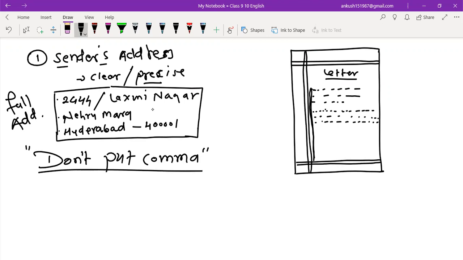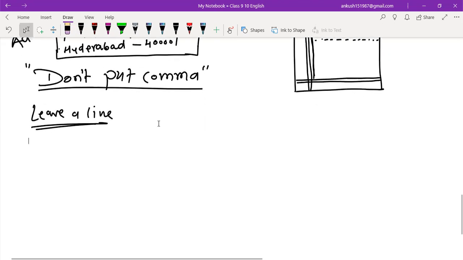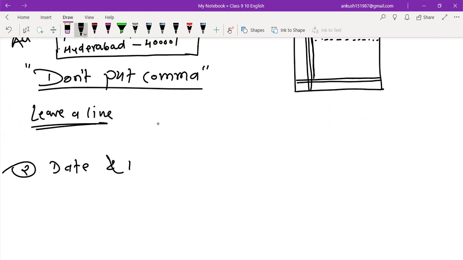After you have written the address, let me finish. Now leave one line over here. Then you have to write the date. Okay, and after that you should write the date. The second thing that you have to mention here is the date and the receiver's address.